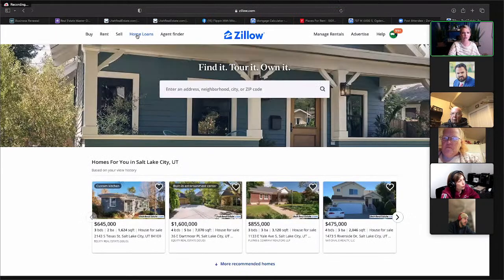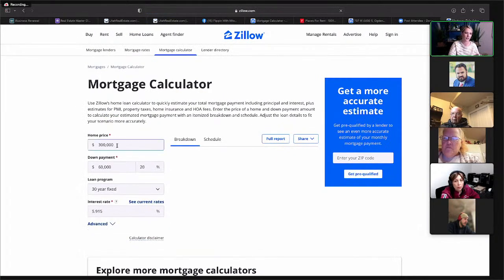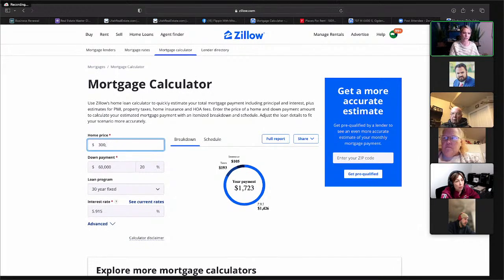If you go into a mortgage calculator, you can play with that. Remember, you're not financing all of that. You take the 307,000 and subtract the 61,000, so you're actually only financing about 246,000. And if it's 20% down, that's perfect, so it'll calculate that for you.